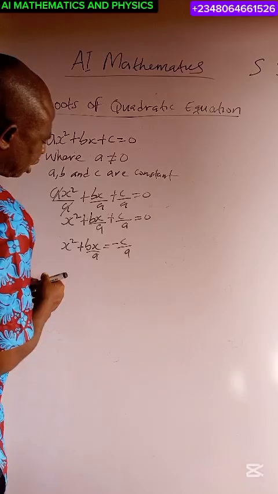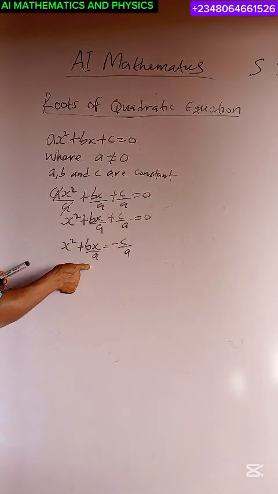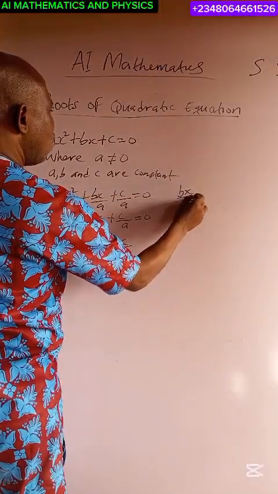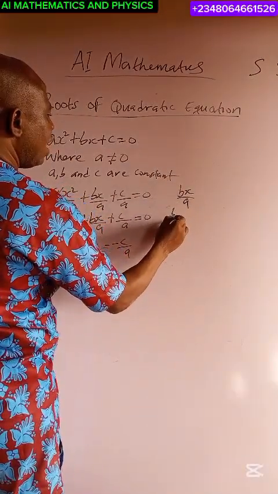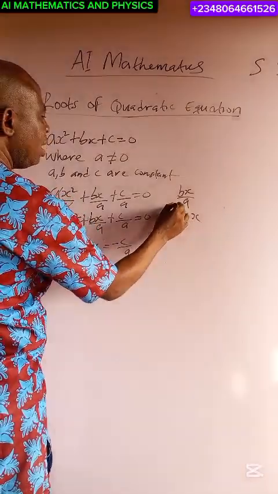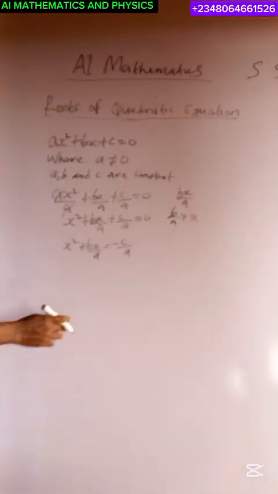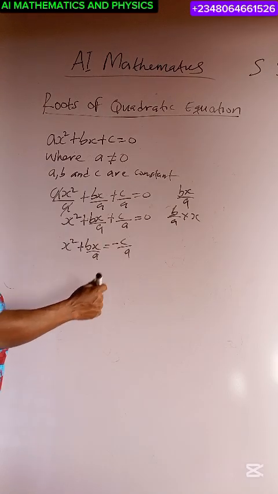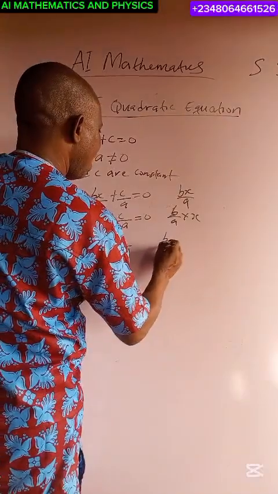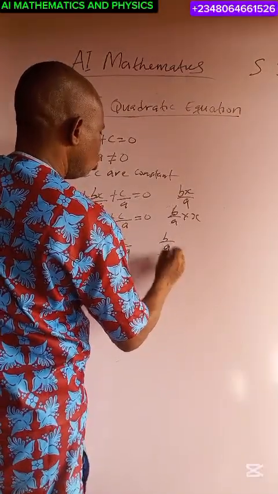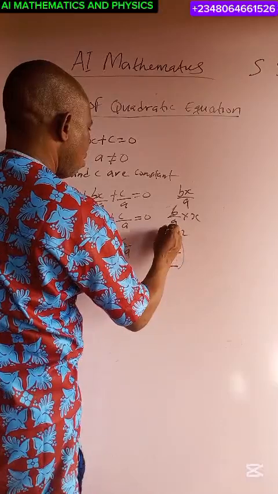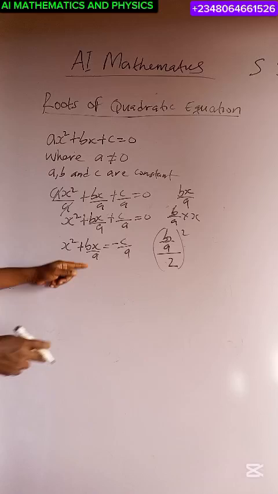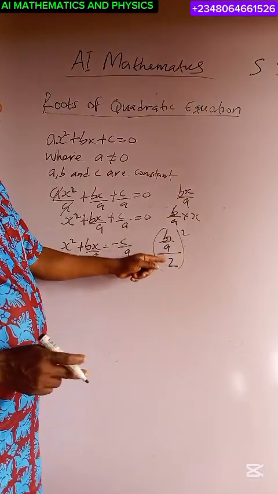this one now, the coefficient of x here is b over a, because b over a times x, it means that b over a is our coefficient of x there. So it means that b over a divided by 2, squared.